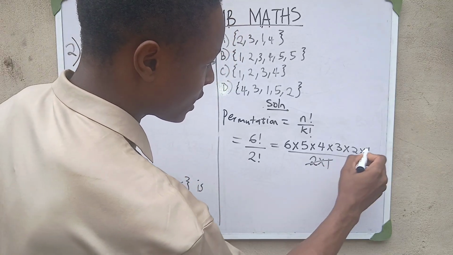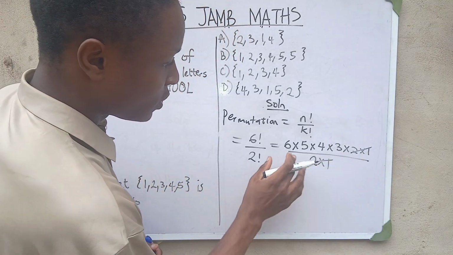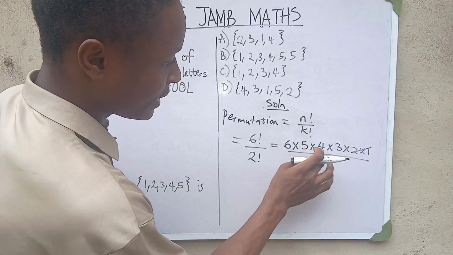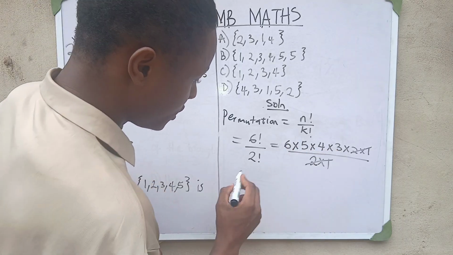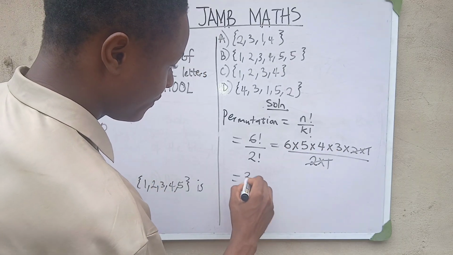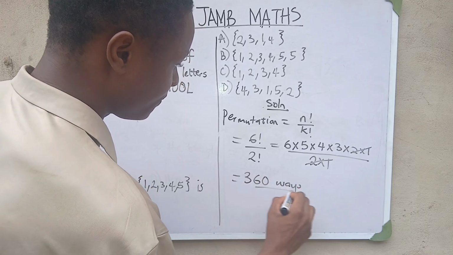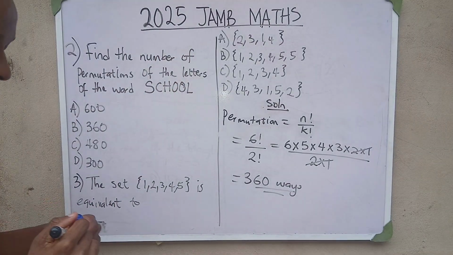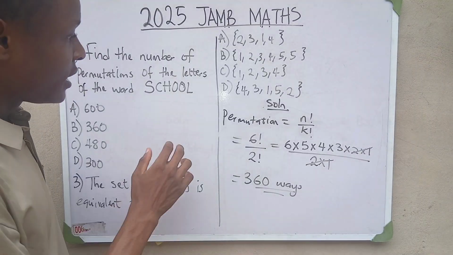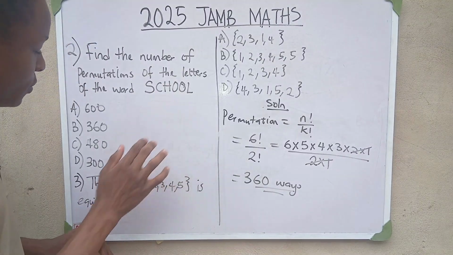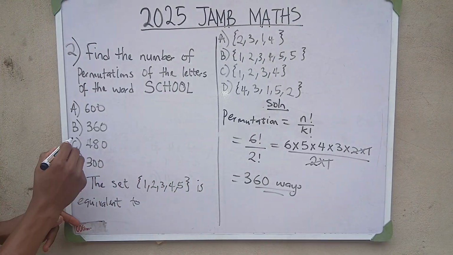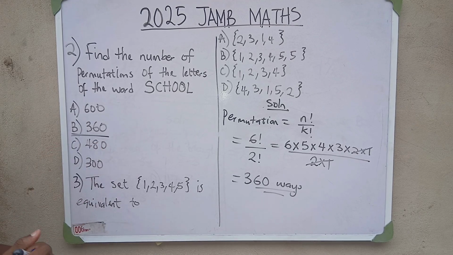So this can cancel this. So we have 6 times 5 times 4 times 3, which gives us 360 ways. So we have 360 ways of arranging the letters in the word school. So our answer is option B.